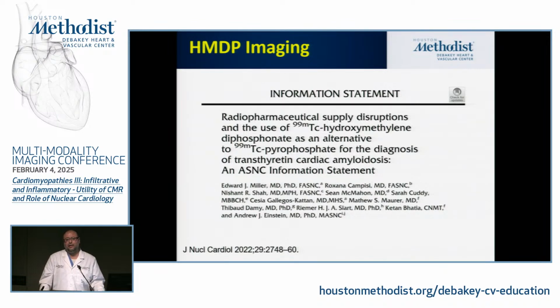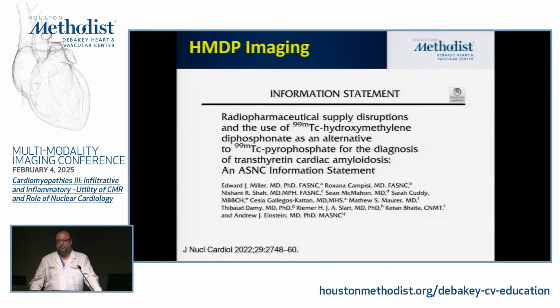Now, in the past year or so, PYP has been hit and miss, sometimes available, sometimes not. So there are a few other bone scan agents that we can use. Another one that we are using is HMDP.